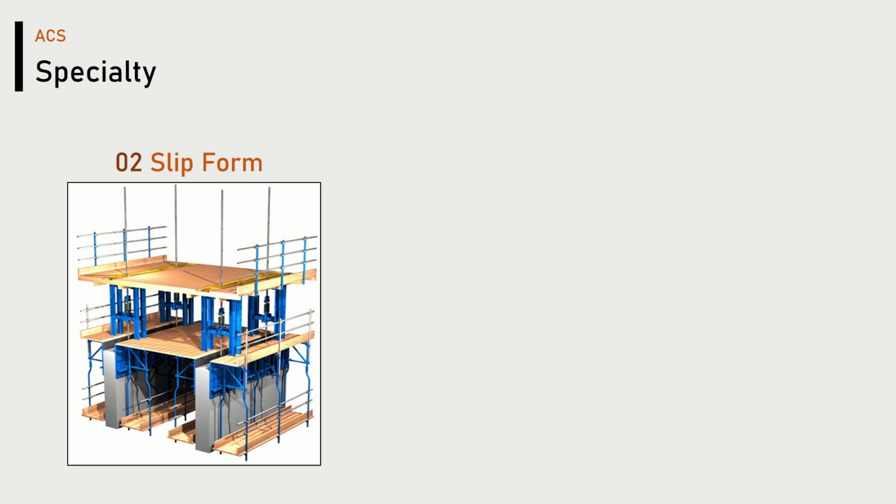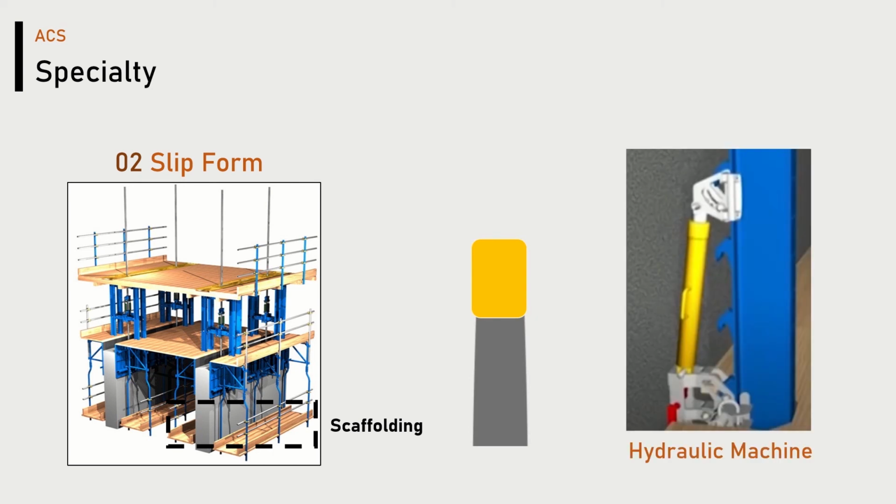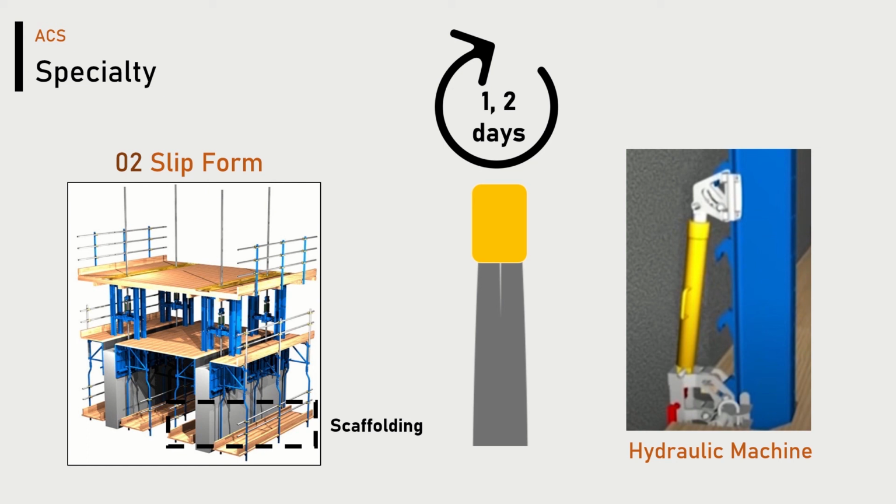Second is the slip form. Slip form, like ACS, is a form that can automatically rise through hydraulic devices. It can also be seen that the process cycle is shorter than ACS's 5-day period, 2 days on the first floor.